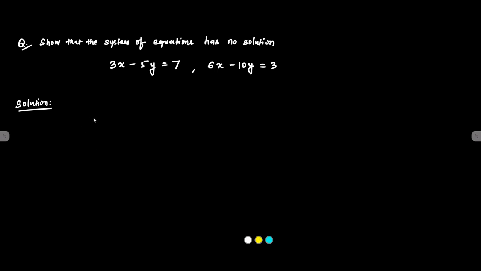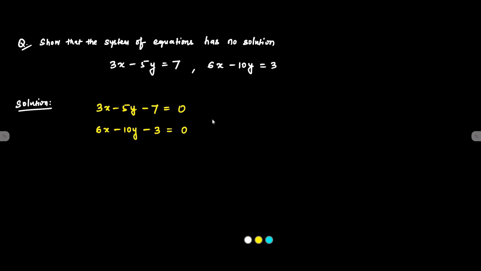As usual, we first write the equations in standard form, which is 3x minus 5y minus 7 is equal to 0 and 6x minus 10y minus 3 is equal to 0.